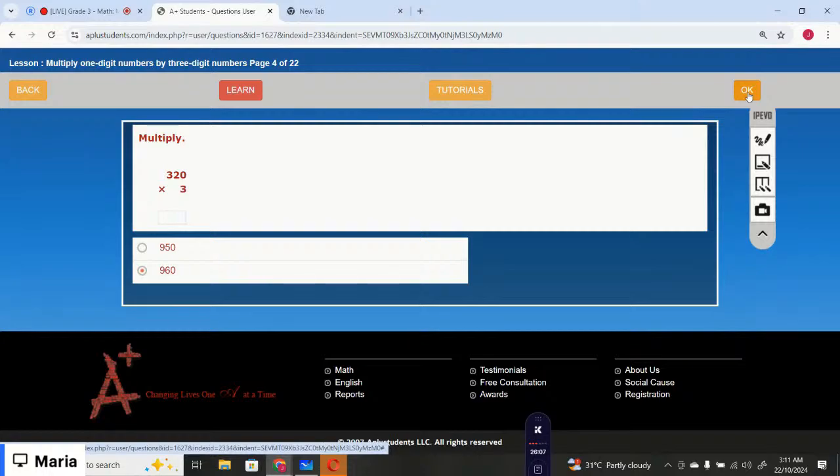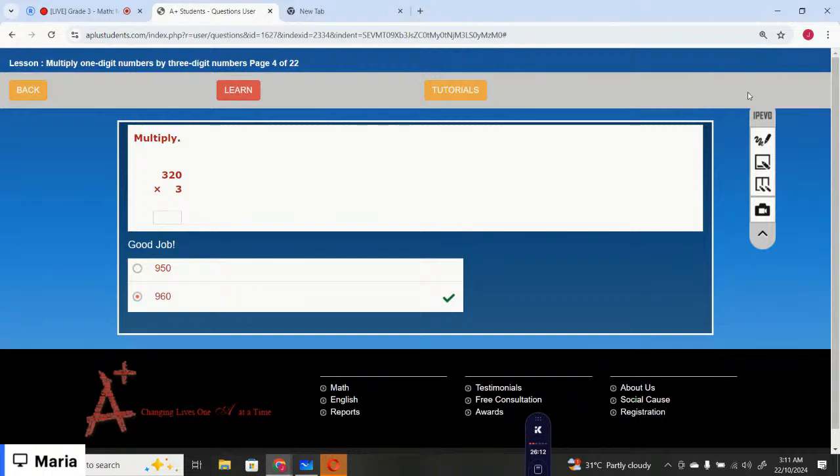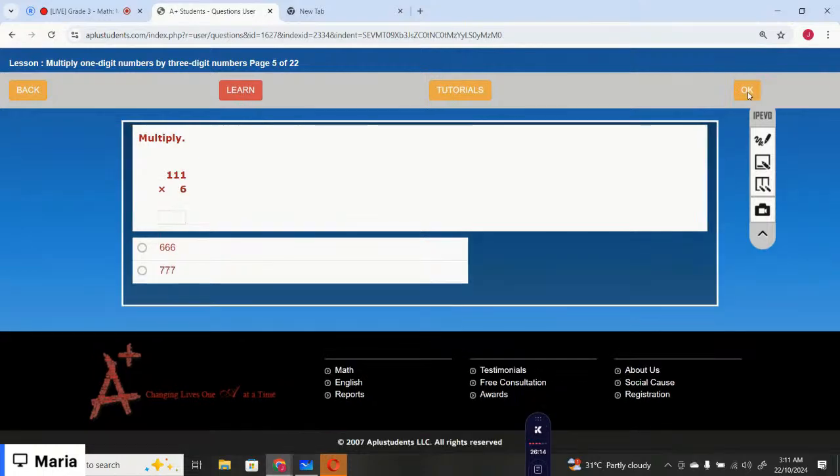The next one is 111 times 6. So, which is the correct option?